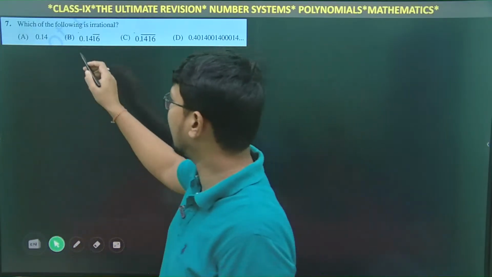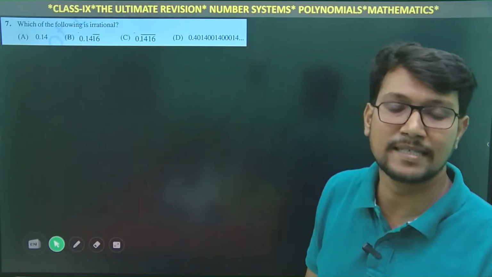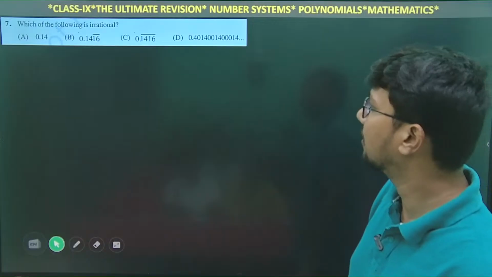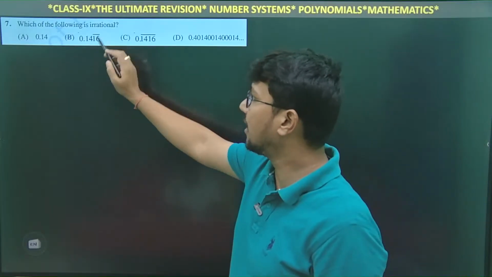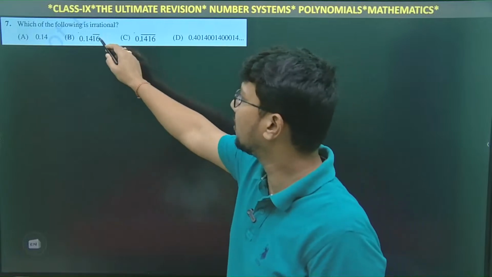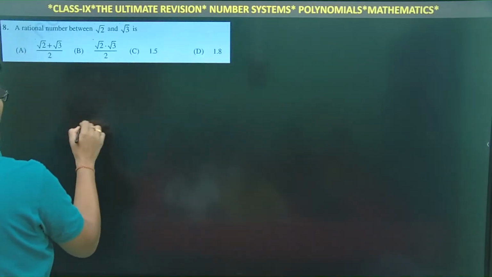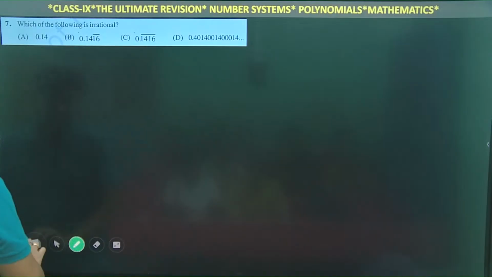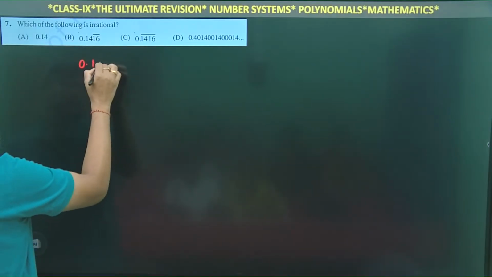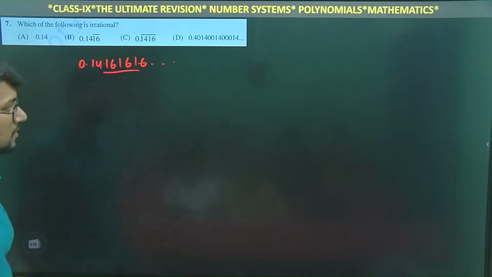Terminating. Got it? Now B. Why is this recurring? 0.1416 bar. Since it is 16 bar, it can be written as how? 0.14161616. Isn't it?